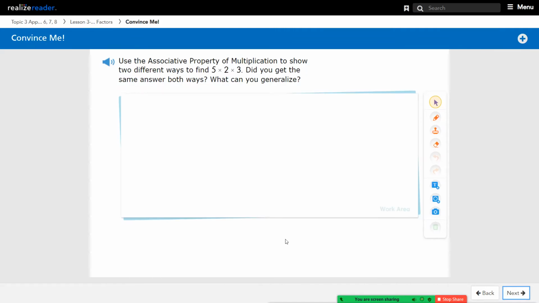Okay, so let's take a look at their example over here. We've used the associative property of multiplication to show 2 different ways to find 5 times 2 times 3. Did you get the same answer both ways? What can you generalize? So let's take a look at these factors.